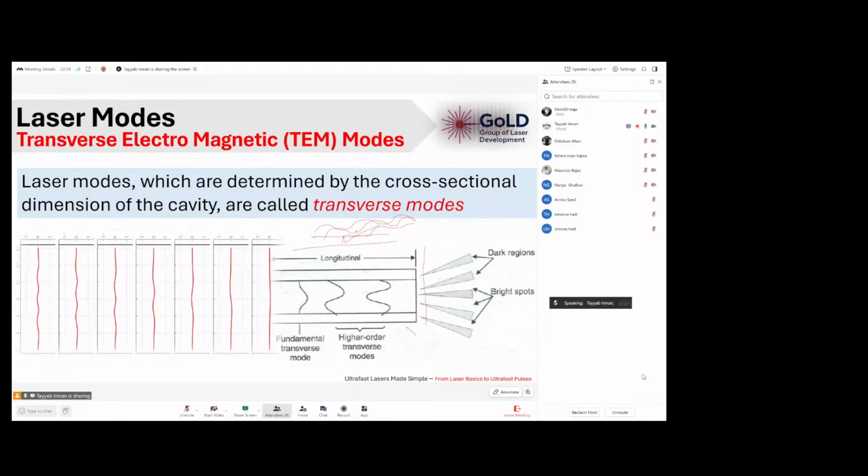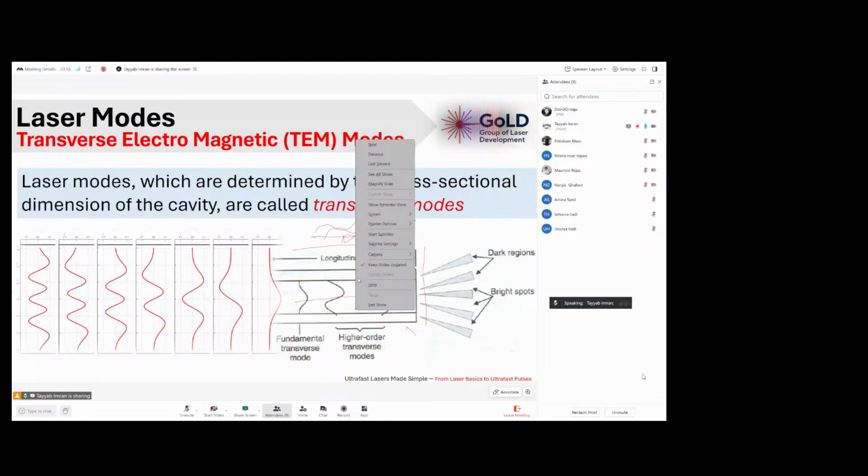But in this diagram, this kind of wavy pattern also exists, but in the transverse direction. It's not in the longitudinal direction, but the transverse direction.